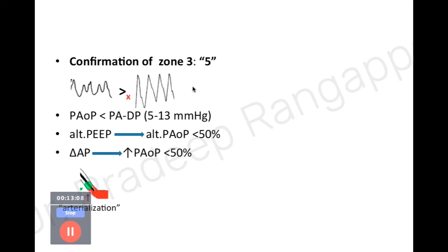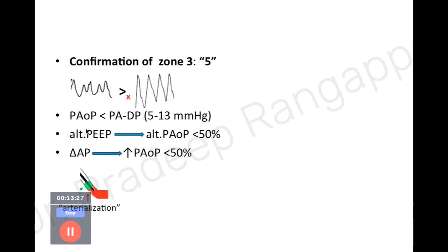So how do we confirm that a PA catheter is in zone 3? We confirm it by following certain pressure recordings. Your pulmonary artery wedge pressure should not be more than pulmonary artery pressure. That is one criterion.